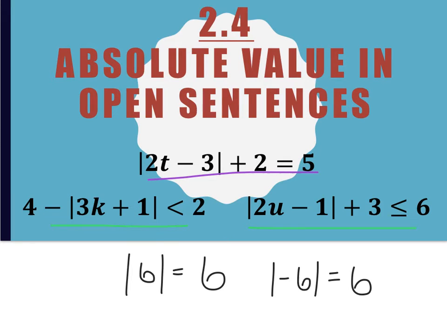So there's always two possible things I could plug into my absolute value to get this guy right here. So for this equation, I'm going to have to set it equal to two numbers to solve. For this inequality, I'm going to have to set them both equal to two numbers in order to solve them. I'll explain here in a second.